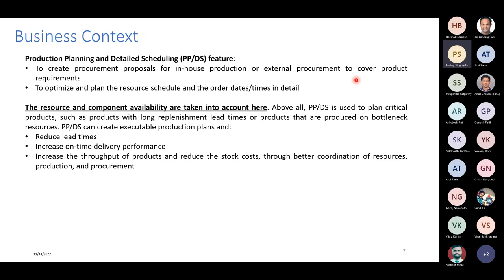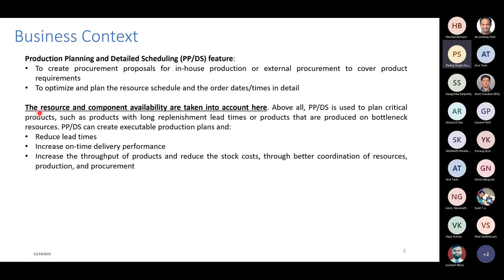Okay, so the high level business context is that these are all standard things, but I've just underscored one sentence: when you use PPDS, what extra and different do we do from the traditional PP that we have been talking about?